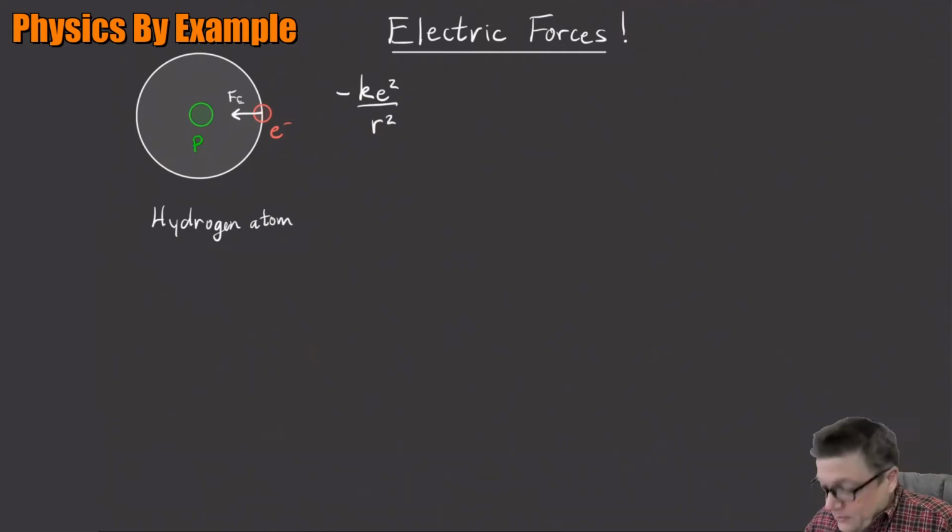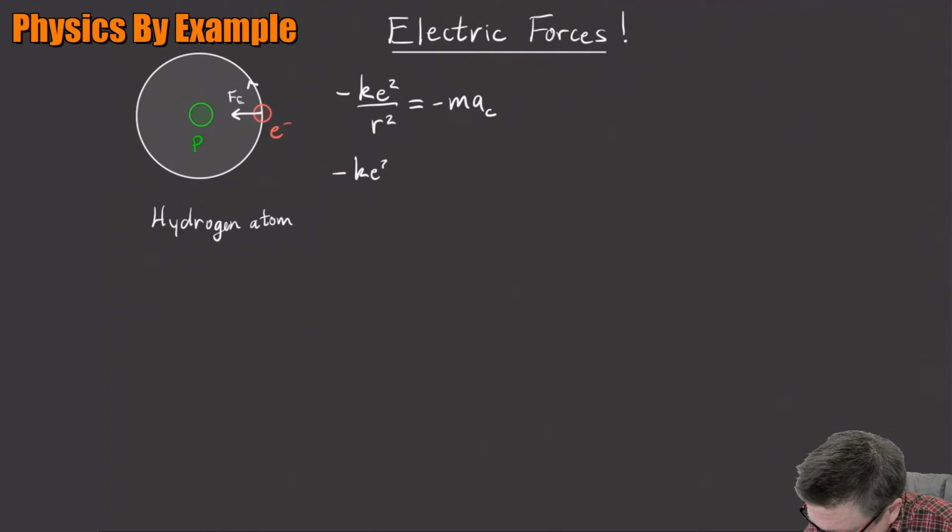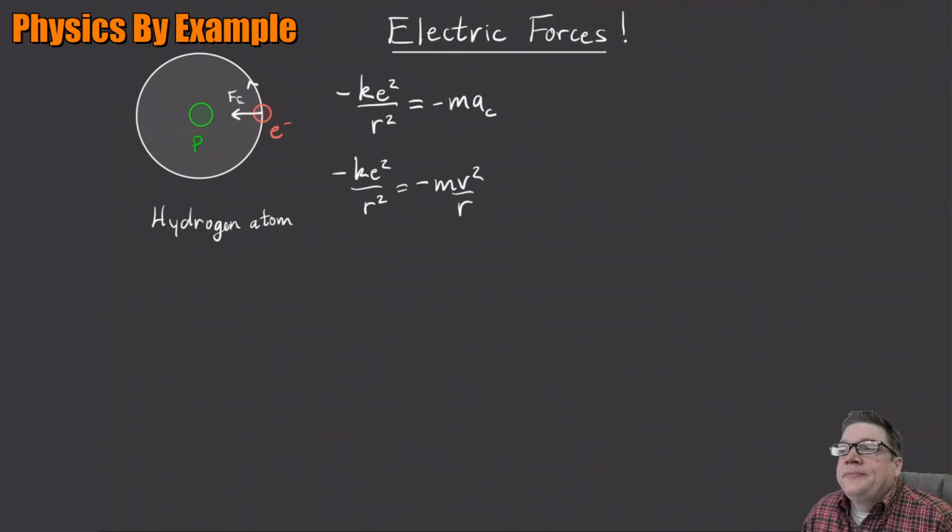And this is going to be equal to the electron's mass times how it's accelerating. Well, it's going around in a circle. If it's going around in a circle, the center of the circle is to the left, so that is minus m a_c. So this is minus k e squared over r squared equals minus m v squared over r.